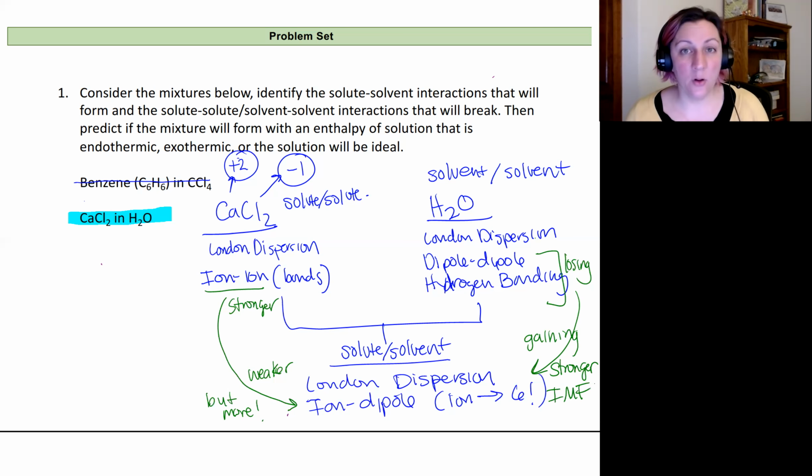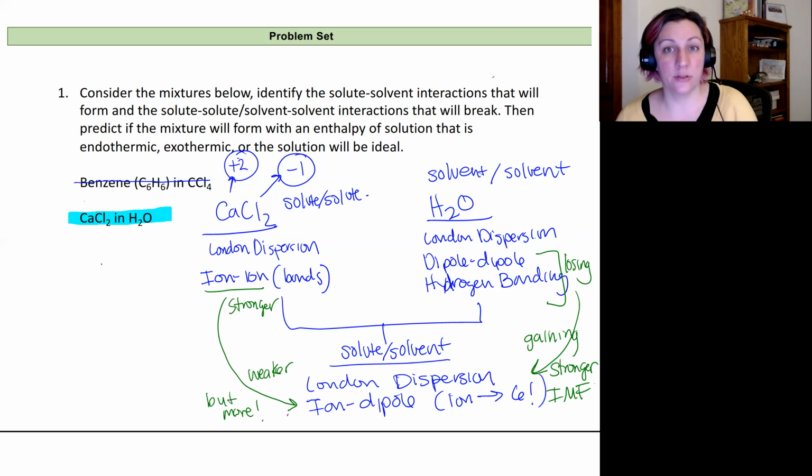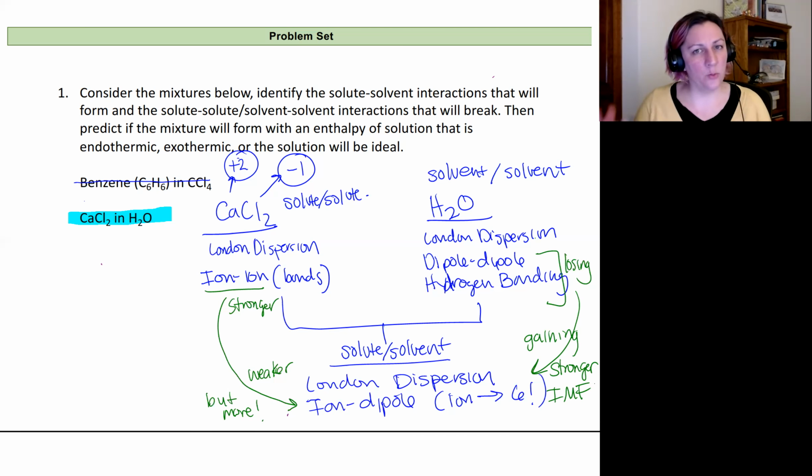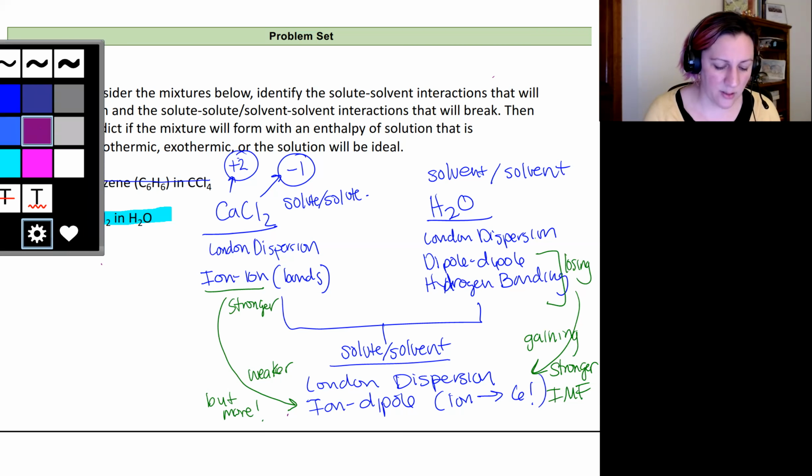That ion dipole interaction is significantly stronger than a hydrogen bonding interaction. And so we're definitely going to have more or stronger IMFs going from water to the water solute solution. And so then you have to ask yourself, well, which of these is going to be stronger? What's going to tip the scale to endothermic versus exothermic, right? And honestly, at this point, you can make an argument either way.